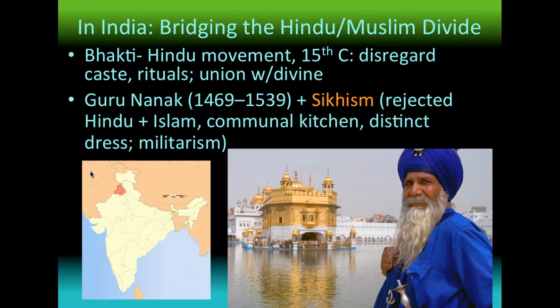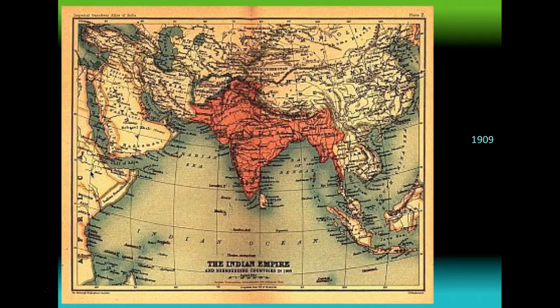My professor did not carry a little sword around. It was more of a symbol for him. Again, this is the Indian Empire as controlled by the British, and this includes modern-day Pakistan here on the west side, and on the other side there are several other nations.